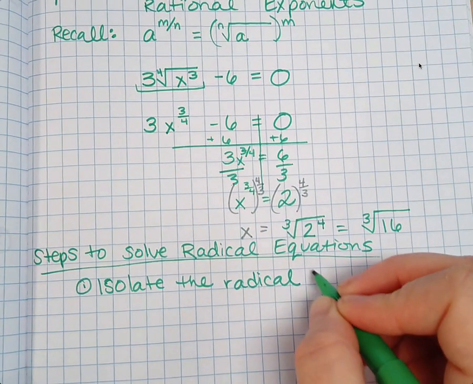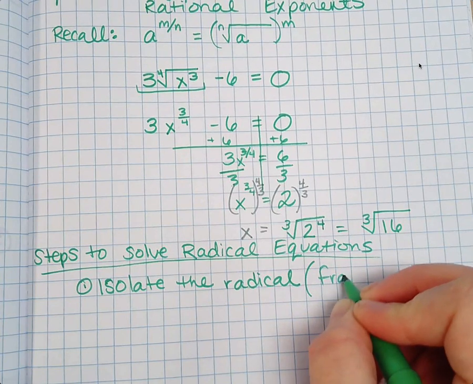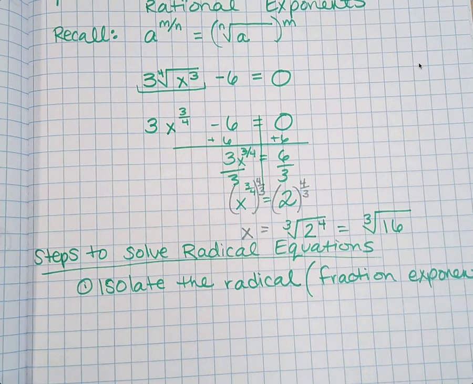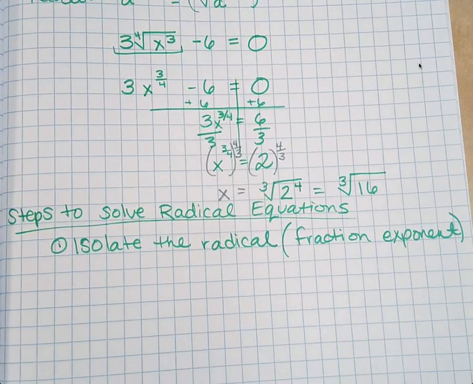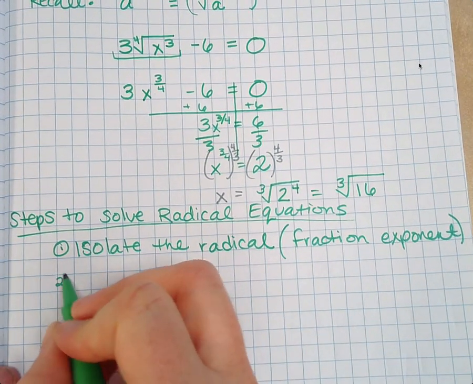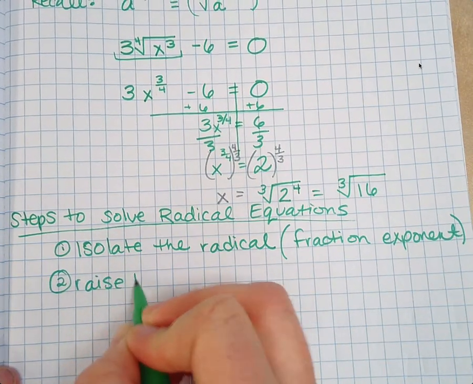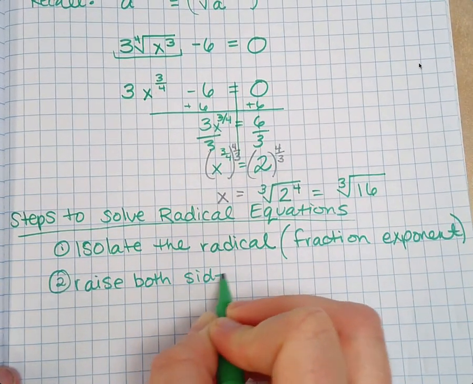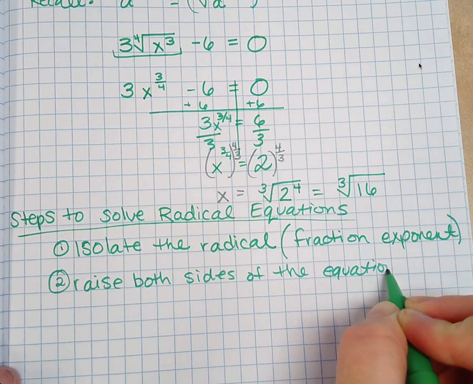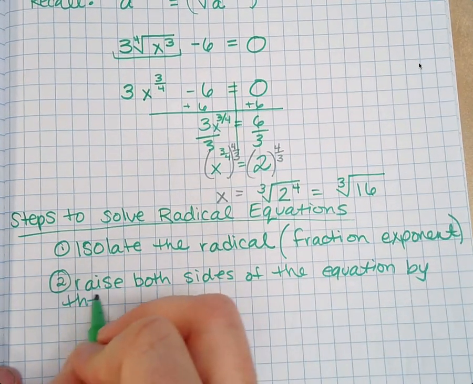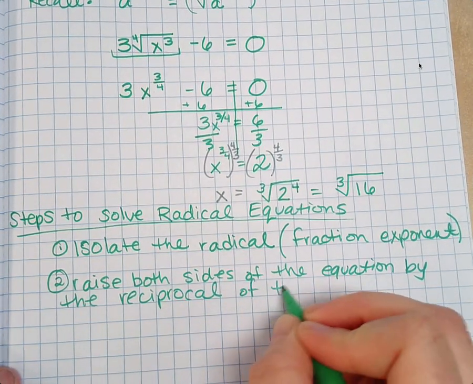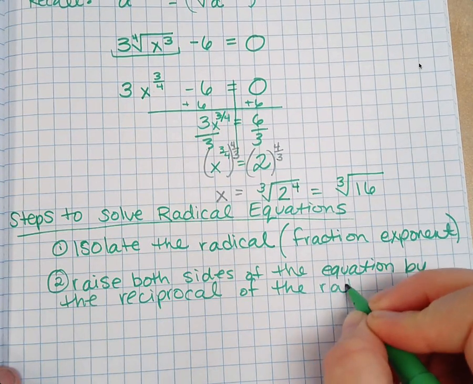But whenever we have the radical, we want to write it as a fraction exponent. So once you isolate it, then you can raise both sides of the equation by the reciprocal of the rational exponent.